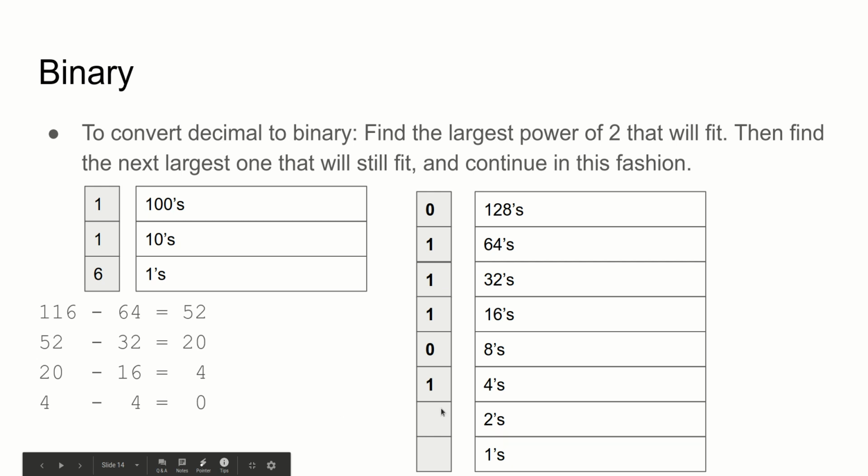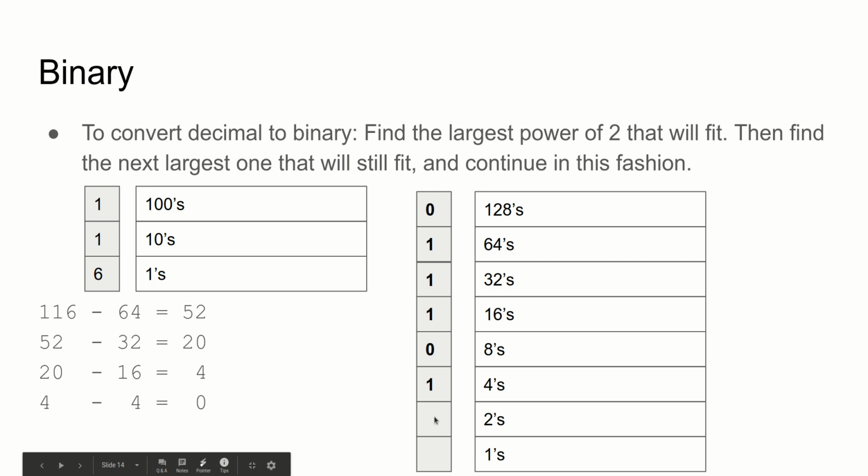Well, now none of our place values are going to be larger than 0. And so we know we're just going to fill in zeros for any remaining place values. There's nothing else to add up. And in fact, if we pause a moment and look at this number, 64 plus 32 plus 16 plus 4 does in fact add up to 116.